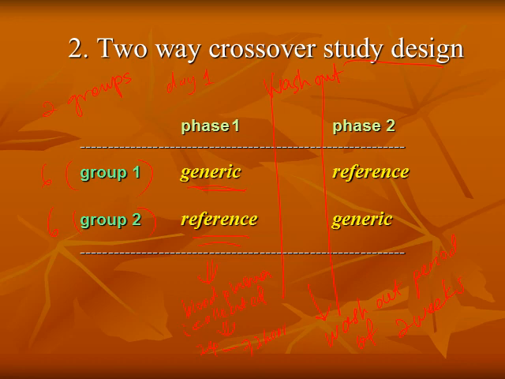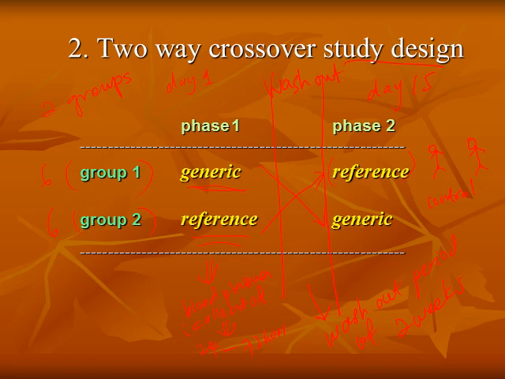Then the subjects enter into phase 2, let's say on day 15, and the same thing, group 1 now takes the reference and group 2 takes the generic. So each of them becomes the control of themselves.